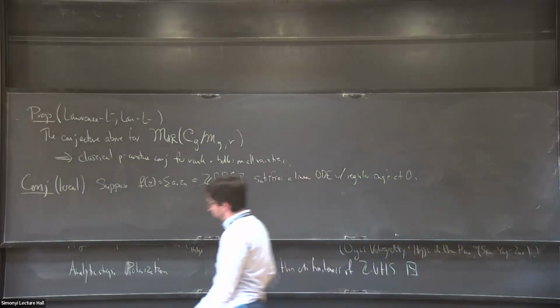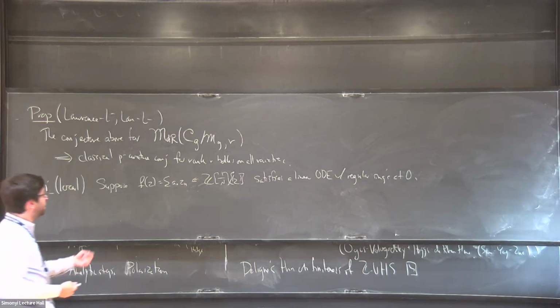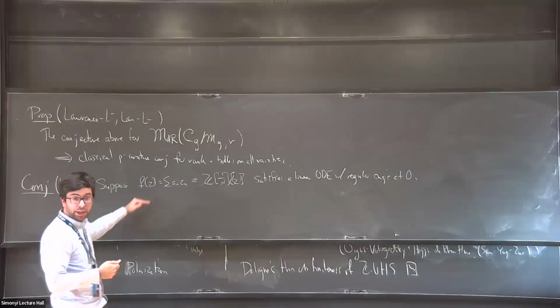Let's think about what the monodromy at 0 can look like. Well, if it is finite monodromy, you can pass to a ramified cover and get rid of the monodromy. And then the conjecture predicts that f of z is algebraic.